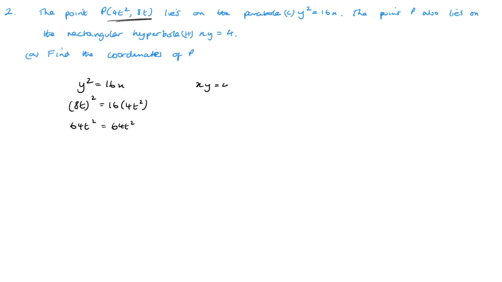That's xy equals 4. So 4t squared times 8t equals 4. 4 times 8 is 32. t cubed equals 4 over 32. 4 goes into 4 once, 4 goes into 32 8 times, so t is 1/2.